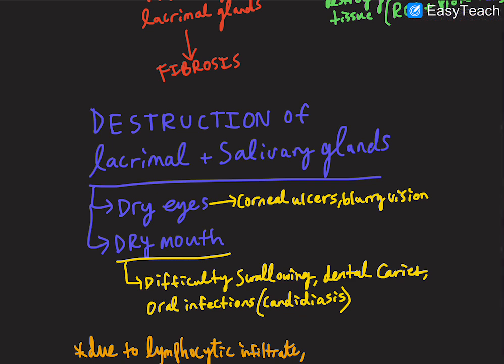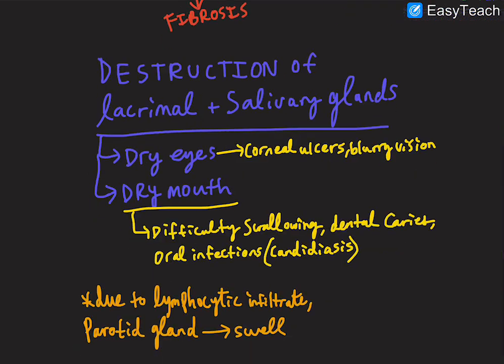And of course, if all this is happening in your parotid gland too, because your parotid glands also secrete saliva, and remember what's happening with all of this lymphocytic infiltration, you're getting a lot of inflammation. And we know with inflammation comes swelling. And we also said fibrosis occurs, because chronic inflammation like this can lead to fibrosis.